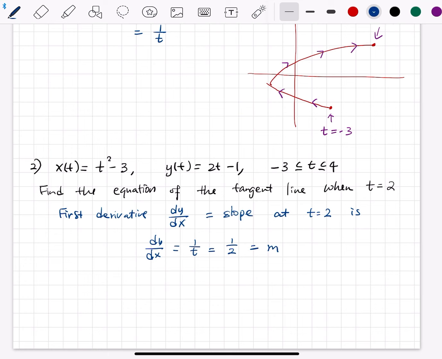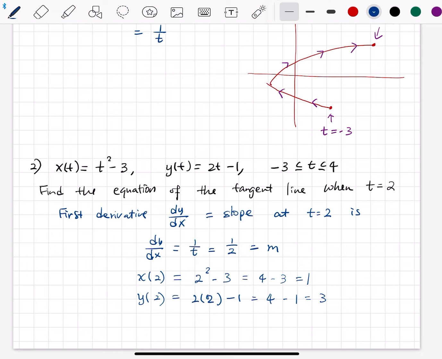Now, once we have the slope, we need the equation of the tangent line. Then we also need to calculate x of 2 and y of 2. x of 2 is 2 squared minus 3, which is 4 minus 3, which is 1. And y of 2 is equal to 2 times 2 minus 1, which is 4 minus 1, which is 3.